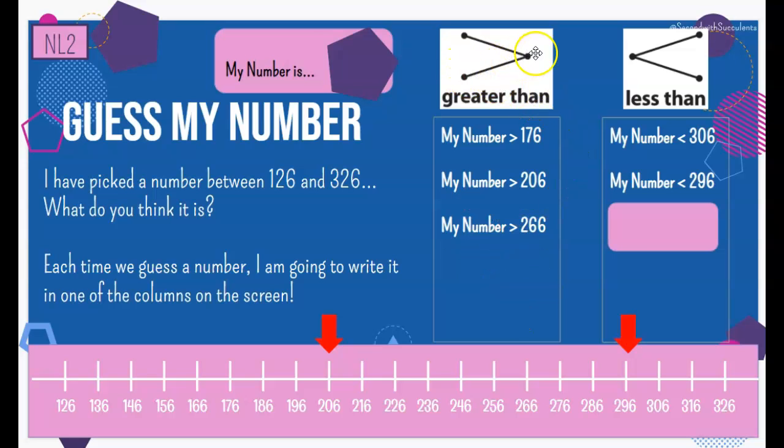My number is greater than 266. So where should I move my arrow? You said to 266, good work. Put it right there. Do you have enough information to guess my number yet?